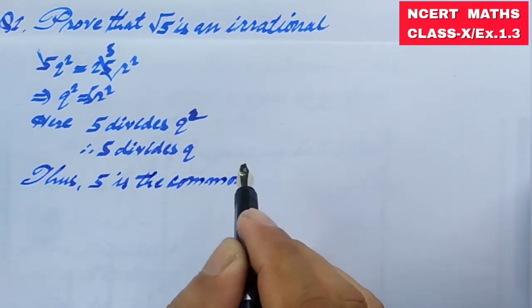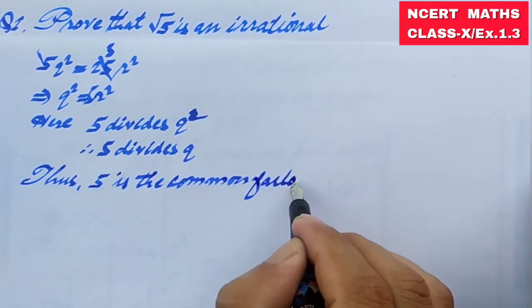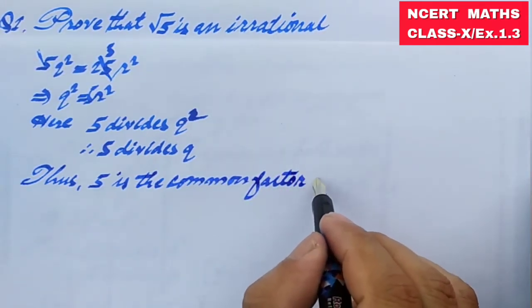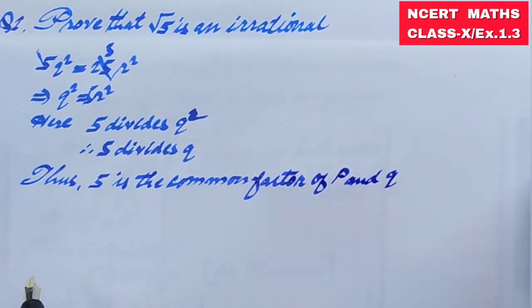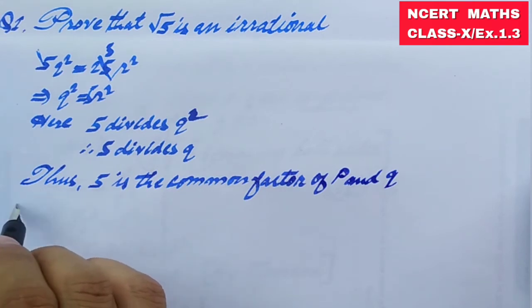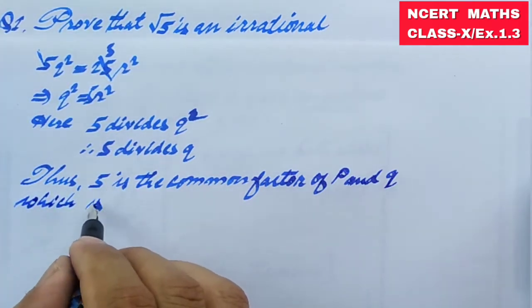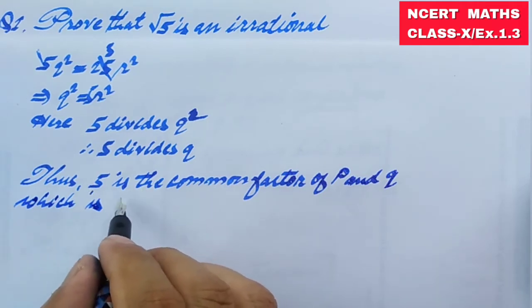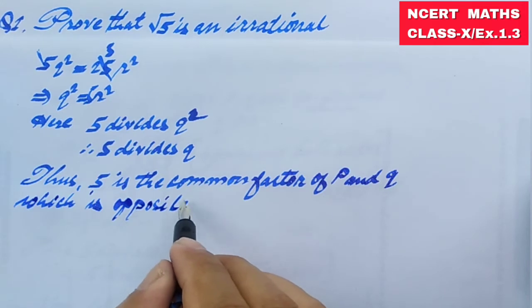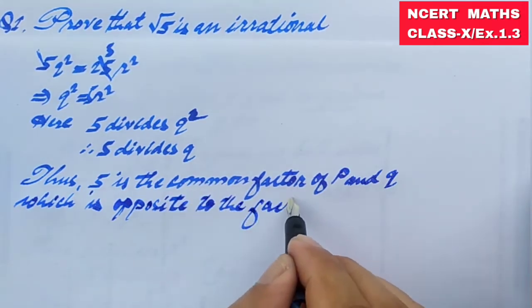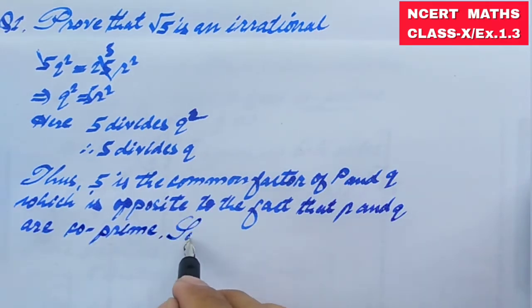Thus 5 is the common factor of p and q, which is opposite to the fact that p and q are co-prime.